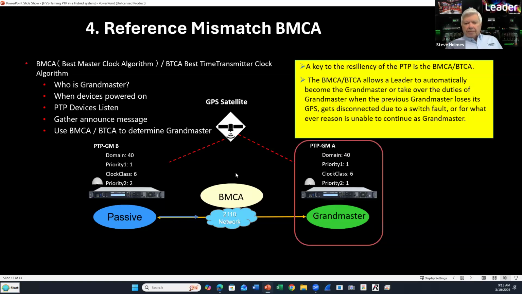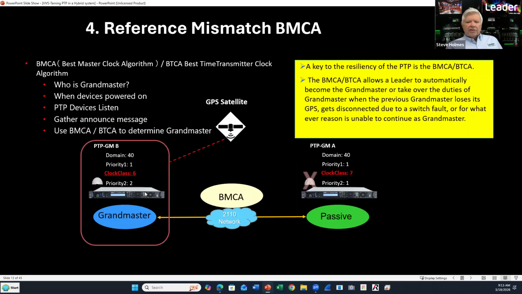So if I have something happen to my GPS, this unit will go from a clock class 6 to a clock class 7, which means it's in holdover. It's still got the right phase. It's still running, but it's running on the internal oven-controlled crystal, but it's not locked to GPS.